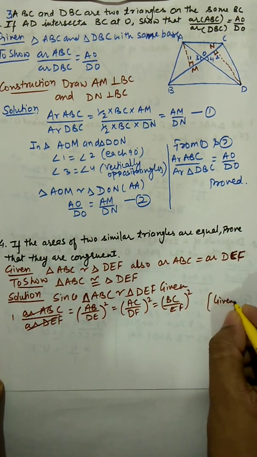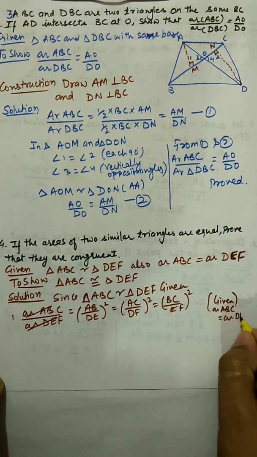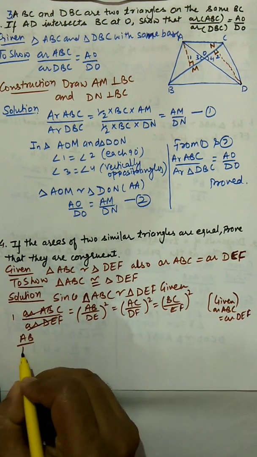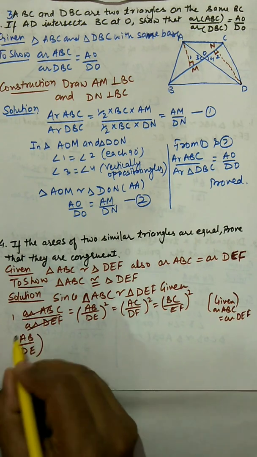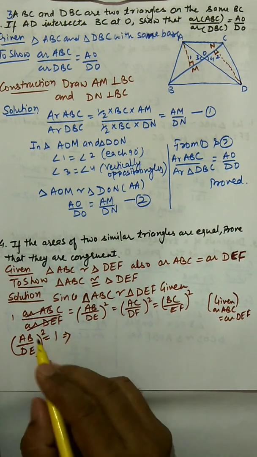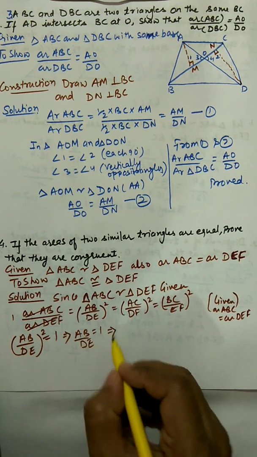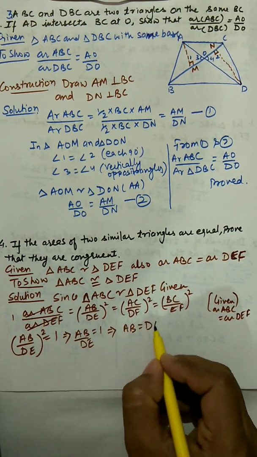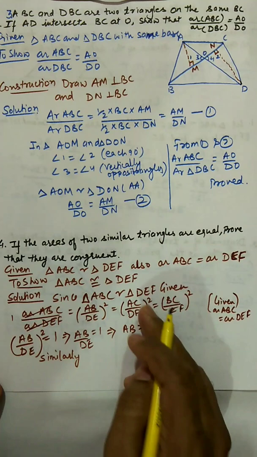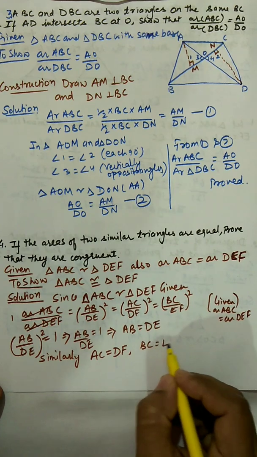Areas are given equal, so area ABC equal to area DEF. So from here you get AB upon DE whole square is equal to 1. So taking the square root both sides, AB upon DE equal to 1. From here you can write AB equal to DE. Similarly, we can write AC equal to DF and BC equal to EF.